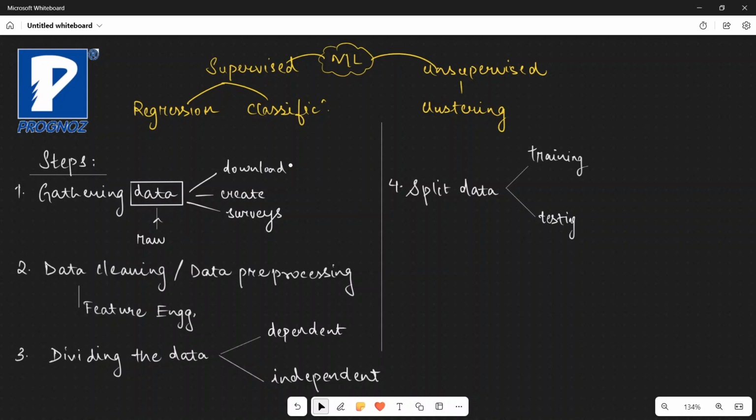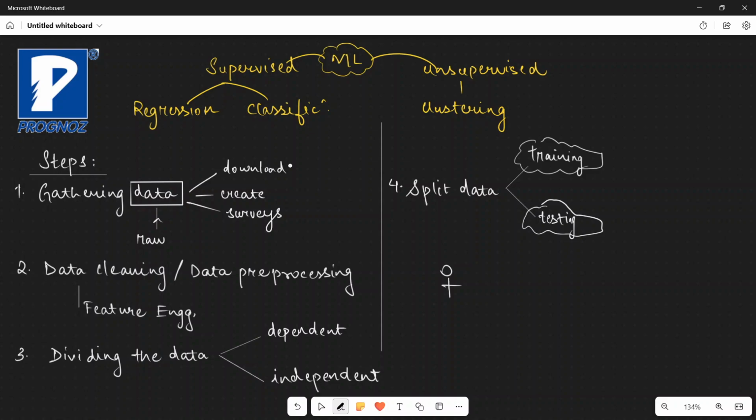The purpose of splitting the data into training data and testing data is to understand how well the learning mechanism is done. For instance, if I have a student who is learning machine learning, who is learning Python, I will have to train that particular candidate, and after that I will also have to test that particular candidate.